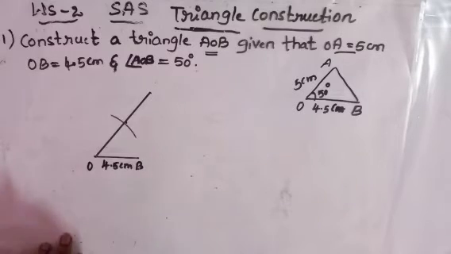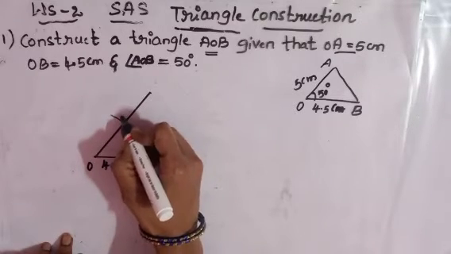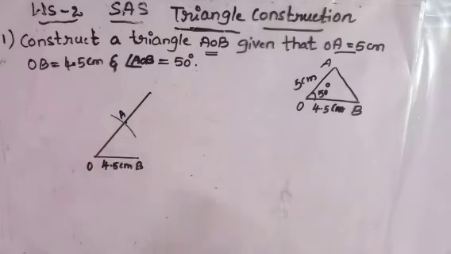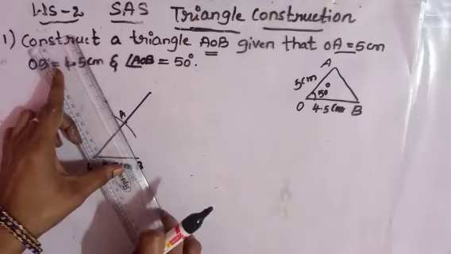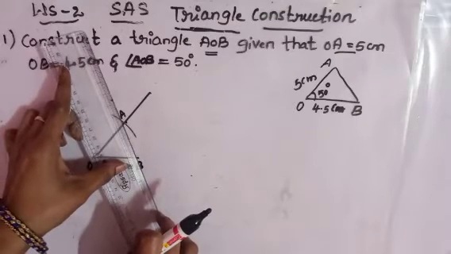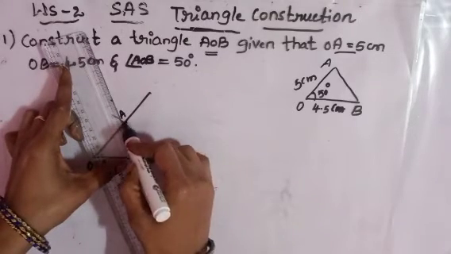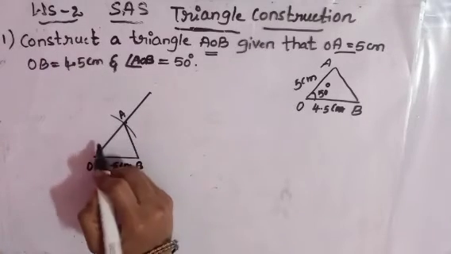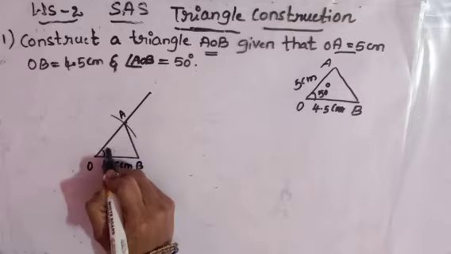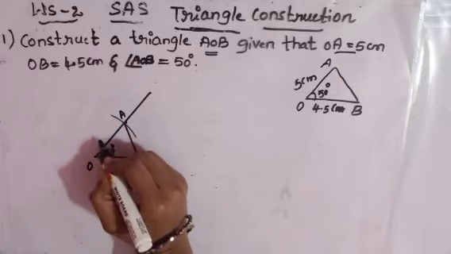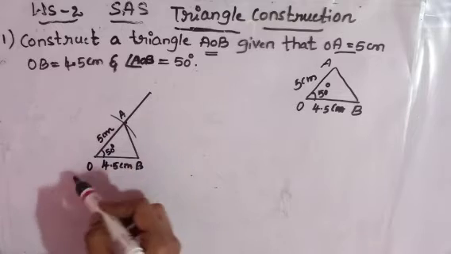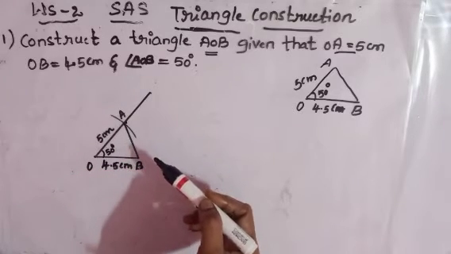Name this point as A. Now join AB. So measure this angle: O is 50 degree and this OA is 5 centimeter. Now AOB is the required triangle.